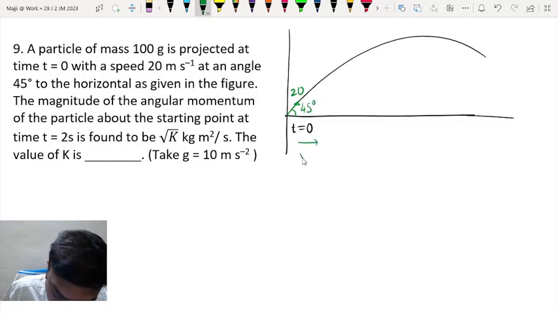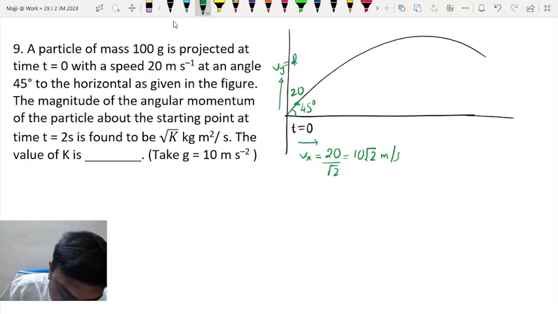So the horizontal component will be 20 cos 45 degree, which is equal to 10 root 2 meters per second, and the vertical component will also be the same. That is not required here, of course. Now let us say at time t equal to 2 seconds, it is somewhere here. So we have to obtain the angular momentum.